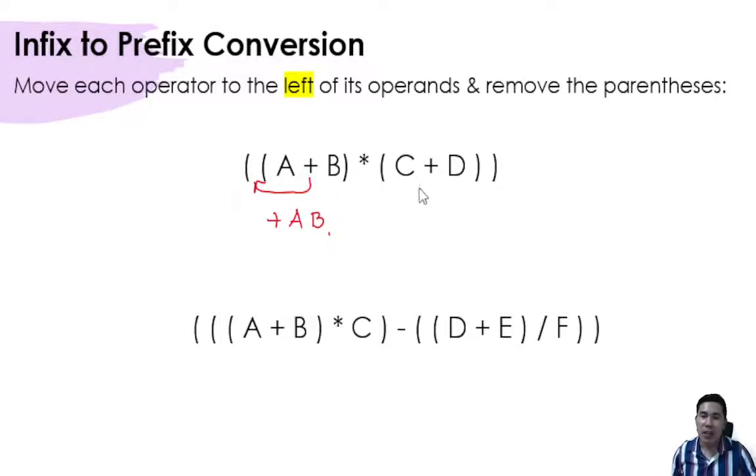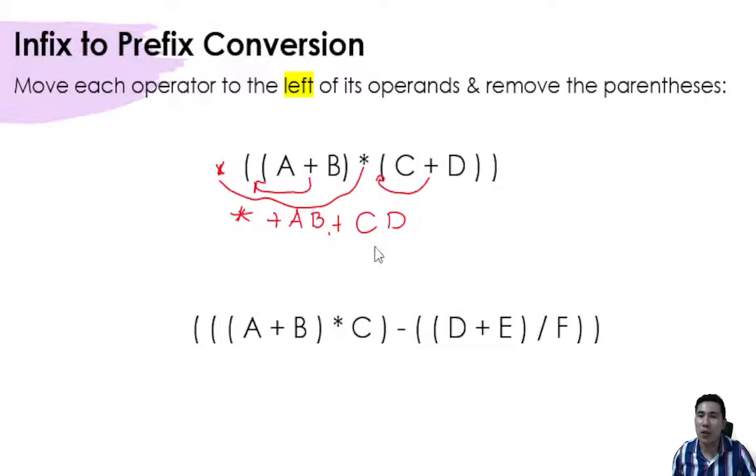And then here you have C plus D. We need to convert this one first because it has parentheses. You have C, D plus. And then this multiplication operator will be placed right here. Therefore, the infix to prefix would be multiplication, addition, AB plus CD.